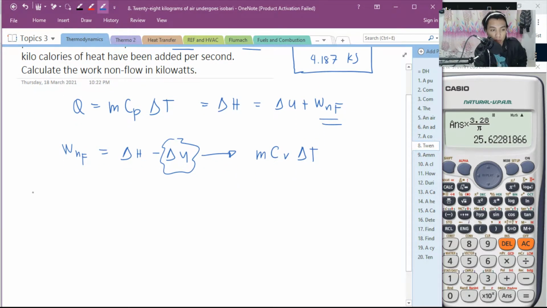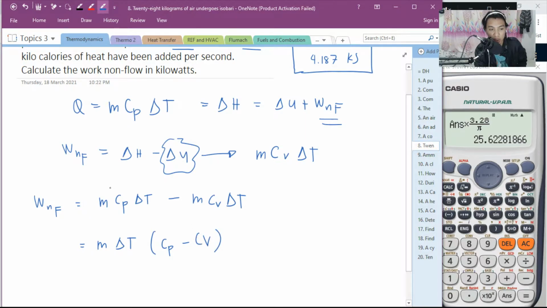Okay? Oh, simplify natin yung work non-flow is equal to m Cp delta T minus m Cv delta T. Yan, okay na? Pwede nating ilabas si m delta T. Okay? Cp minus Cv.